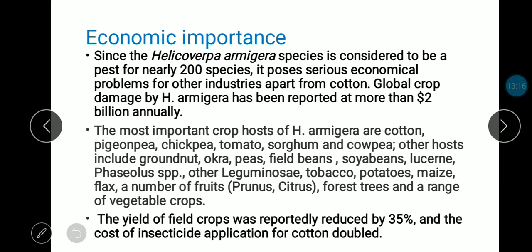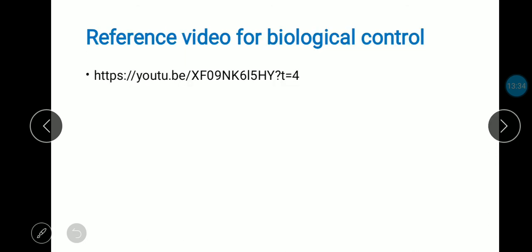It means it can feed on practically all types of plants. The yield of a field crop was reportedly reduced by 35% and the cost of insecticide application for cotton doubled. For this purpose, different types of new eco-friendly methods are there.